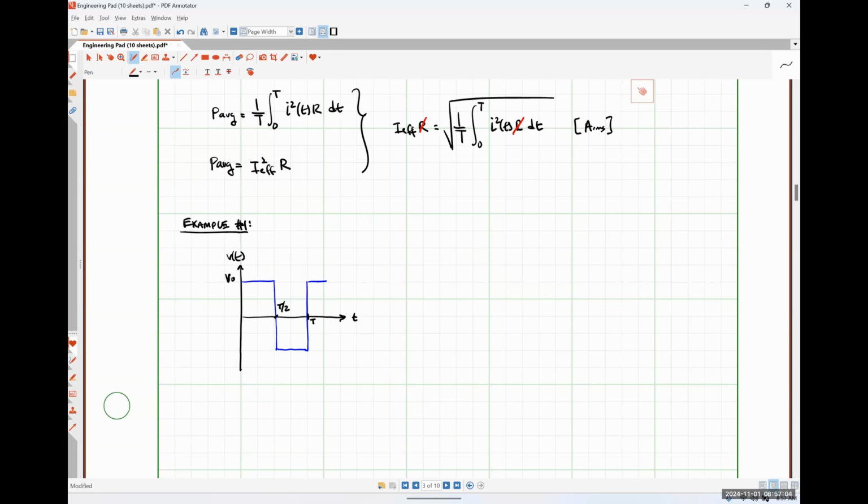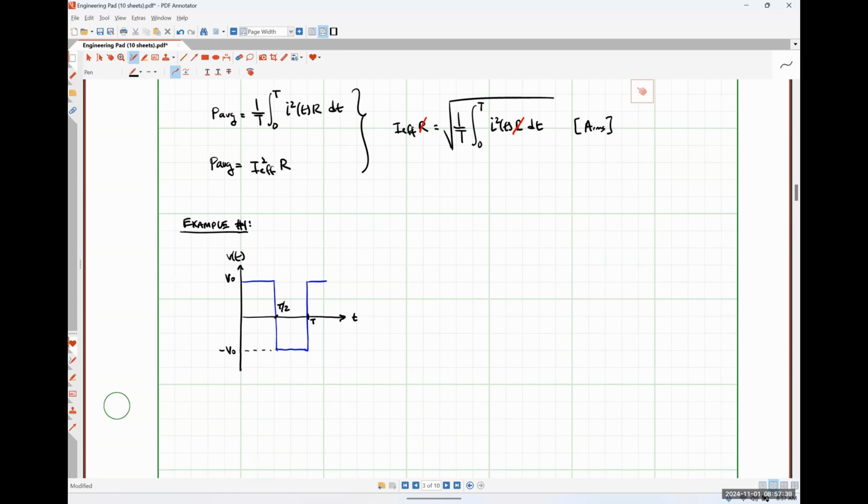This value of the voltage is some peak value V naught. And this negative peak value of the voltage is negative V naught. So effectively, this signal is symmetric about the horizontal axis. It's positive for some fixed amount of time, and then it switches to negative for that same fixed amount of time, and it just repeats that over and over again. Exactly like the square wave that you guys used when you were testing to figure out what the capacitor value was on that RC circuit that we dealt with a few weeks back, okay?